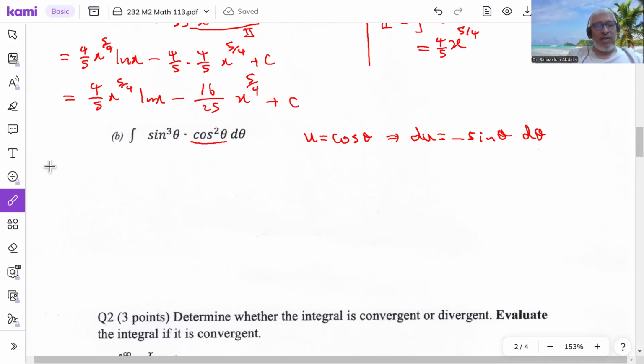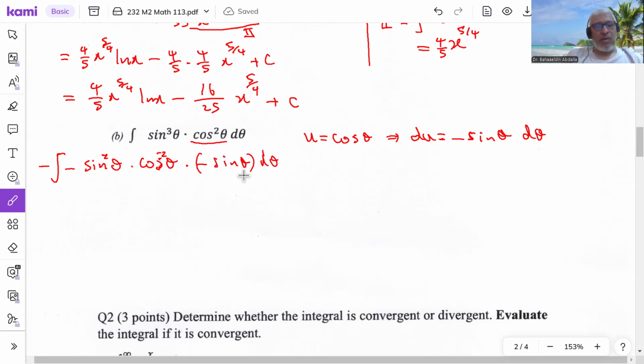So I can write this integral as the integral of negative, I need a negative inside, negative sine square theta, this I don't need, times cosine square theta, which is okay with me, times, let me take negative sine theta here.